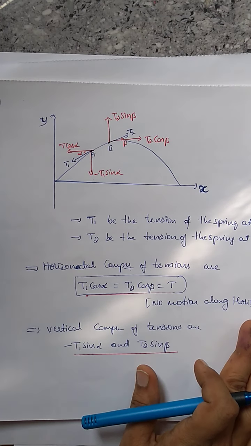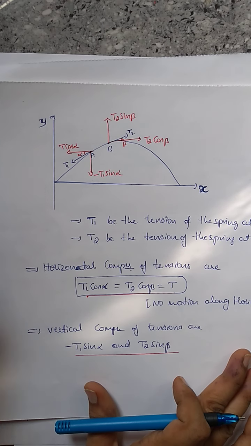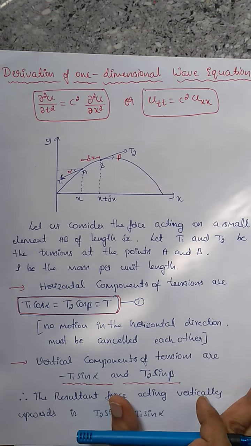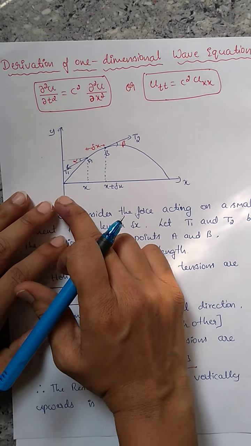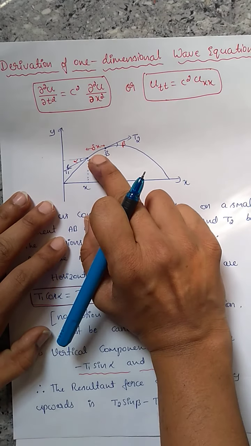In the exam, there is no need to explain all this diagram. After summarizing, we get this simple diagram and explanation. I consider a small segment AB of length delta x.